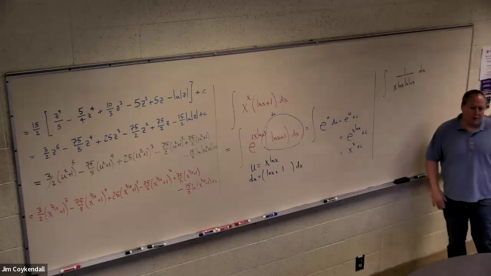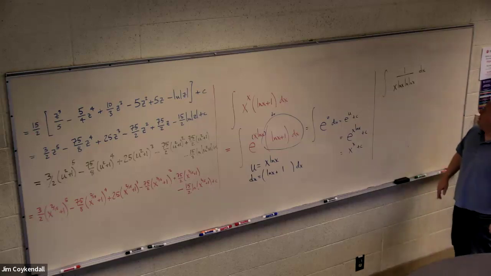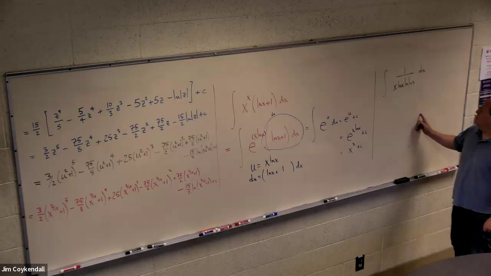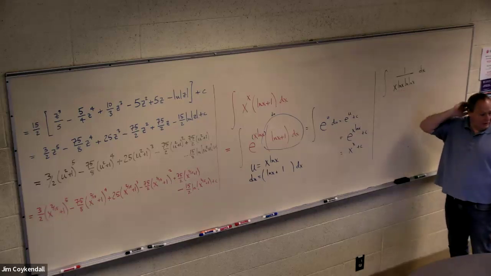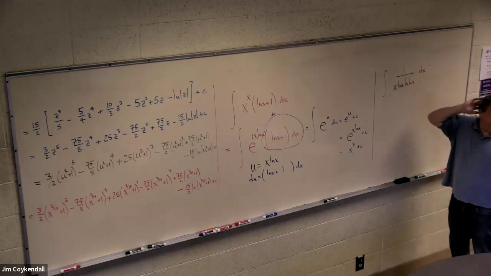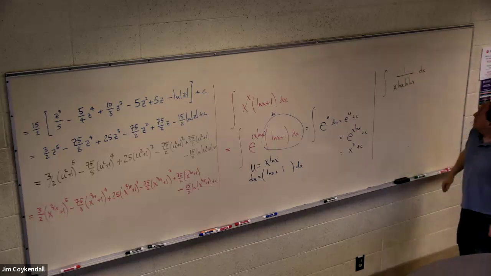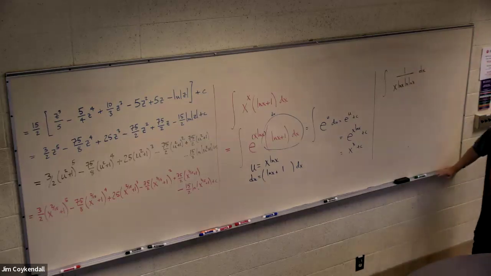I've seen people write parts and say dv is dx and u is x log x log log x. But x log x log log x is not a part of this. It is 1 over that. So let's see, u-substitution.